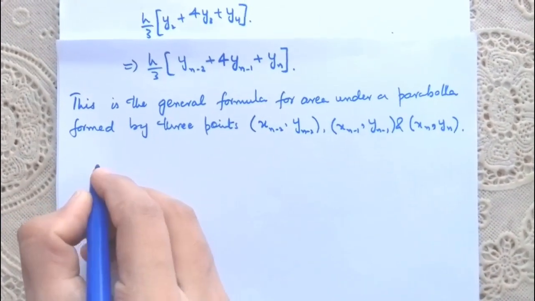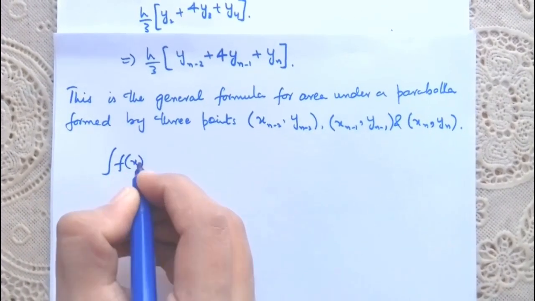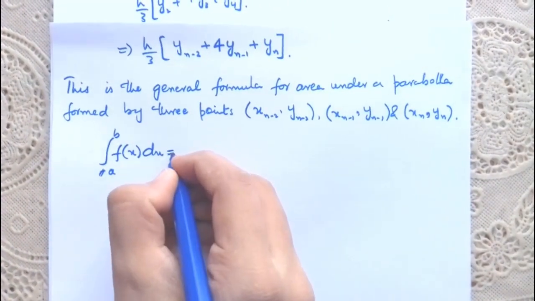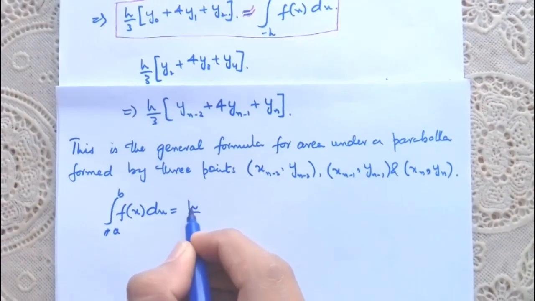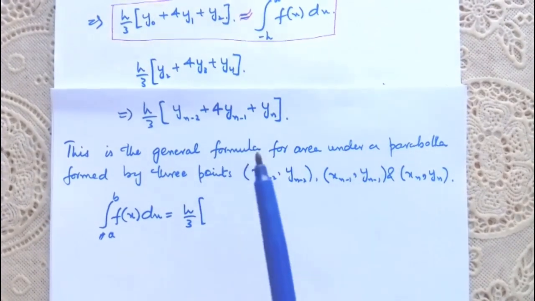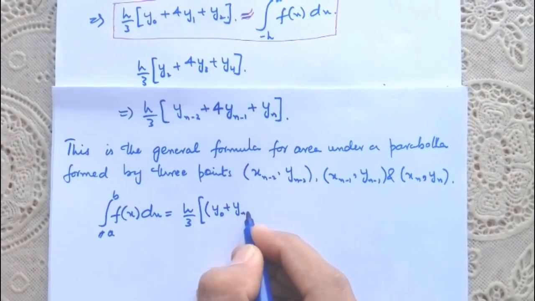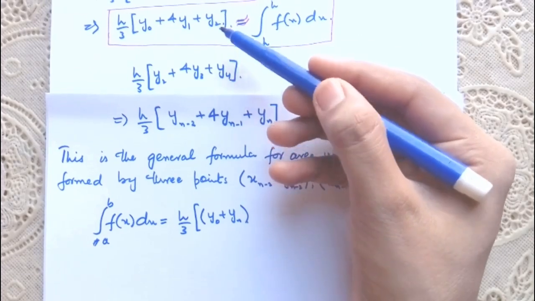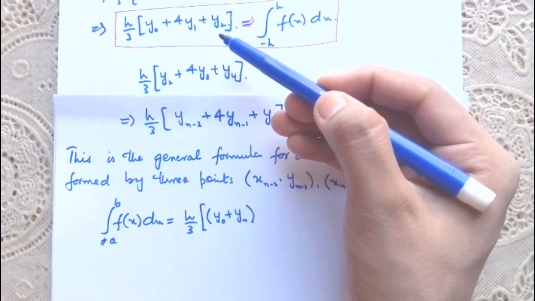Means we have area under the curve f of x from a to b is equal to h upon 3, common, so h upon 3 times y naught plus y n. Means we have found two areas like this; similarly there will be many parabolas and we will find their area under the curve, right.